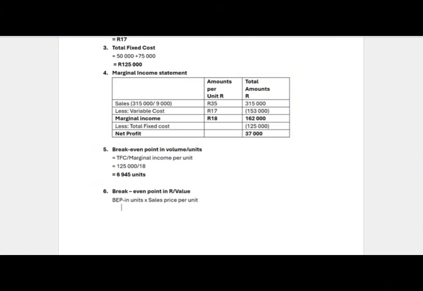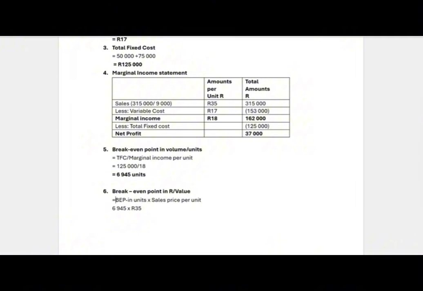So let's calculate that. It means we are going to say number of units, which is 6945 units, multiplied by 35 rand, which is the selling price per unit.